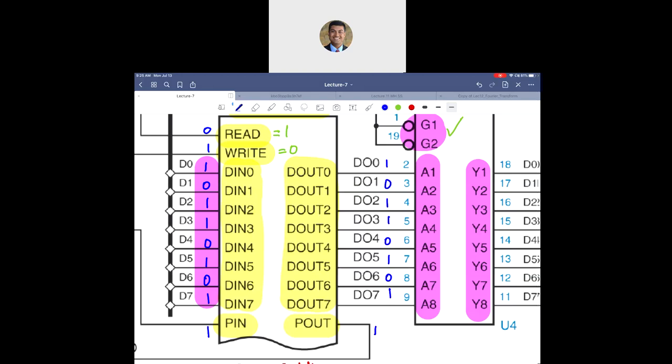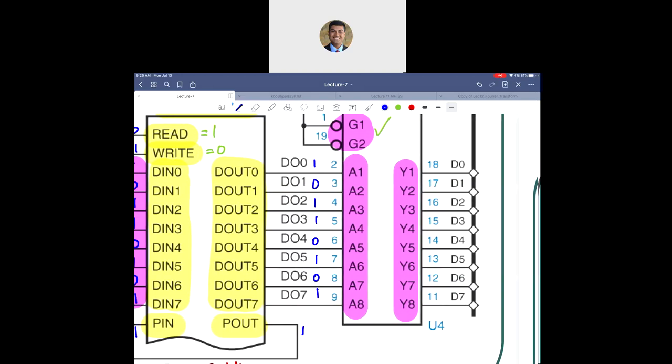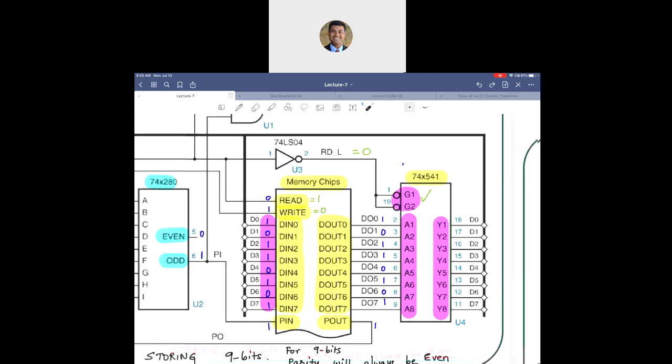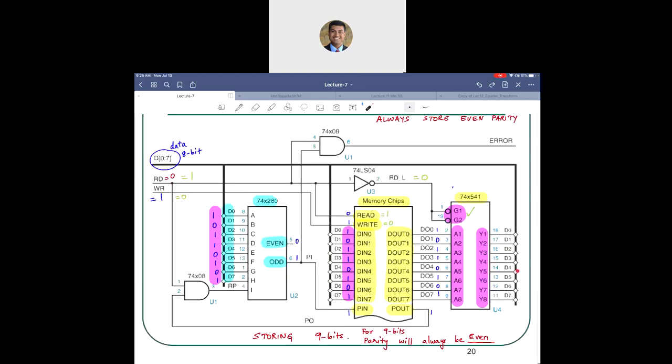And because this is enabled, these 8 bits will be available on the data bus. So you read information onto the 8-bit data bus. When you made this enabled, all that information was available to you, so all of this will be available here.